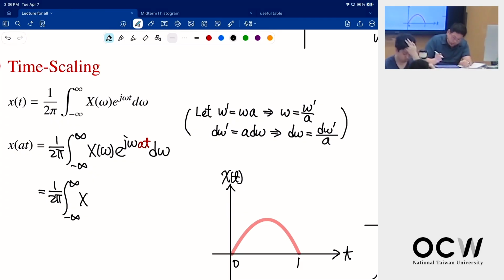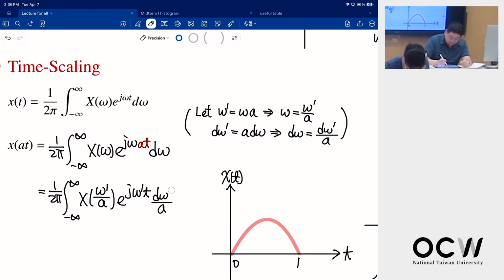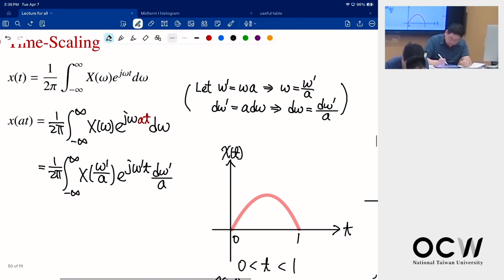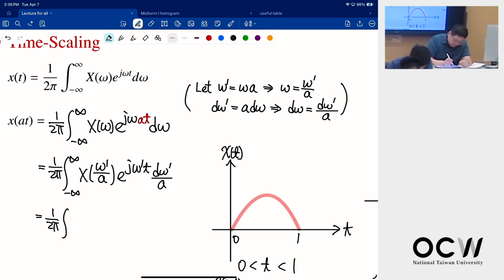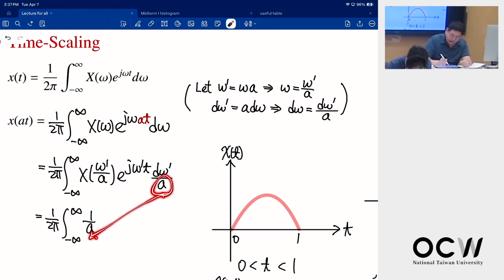Omega becomes omega prime over A, and e to the j omega A is A omega prime t. d omega becomes d omega prime over A. That's 1 over 2 pi, and here I have 1 over A. And now, since this is omega prime, omega prime, omega prime, let's just write it down as omega.